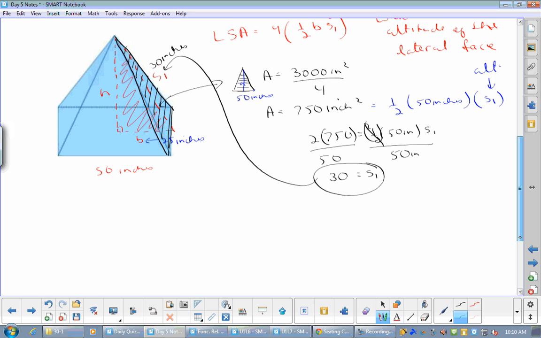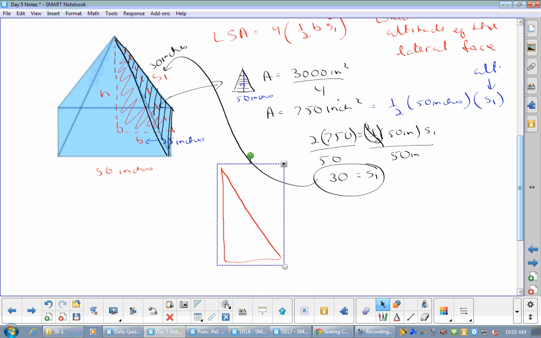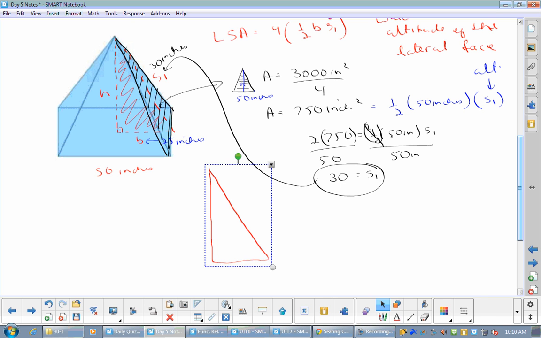What was the goal for us for this whole question? We need to find the height. So now we have this red triangle here. I'm just going to color it in like it's colored in there.